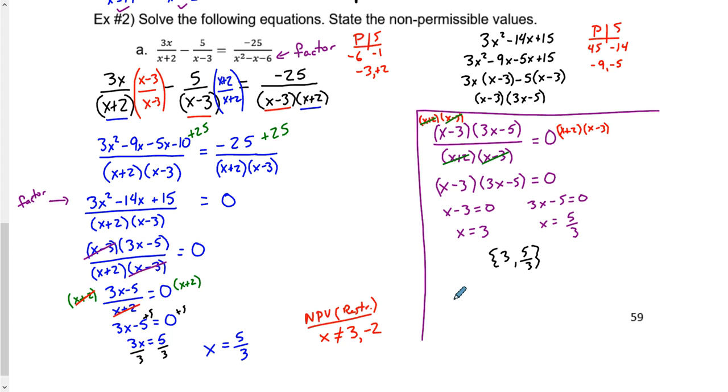If we go back to our restrictions, our non-permissible values, they were in our denominator, so x cannot equal negative 2 and 3. Here's the problem.